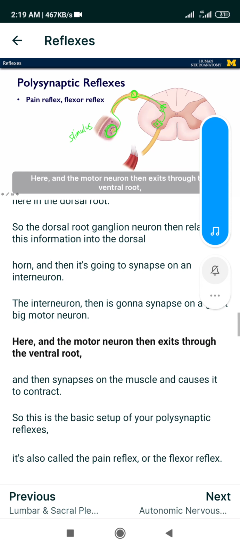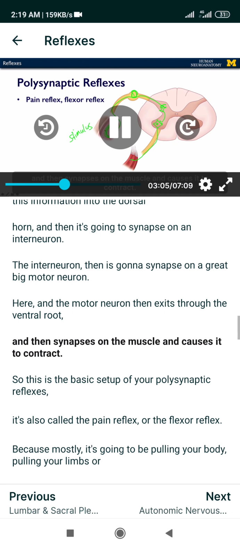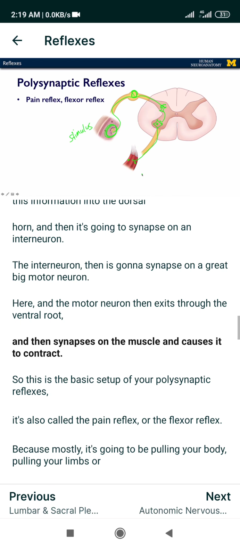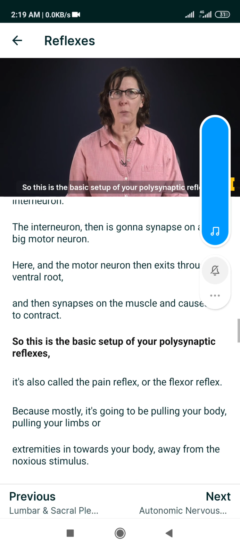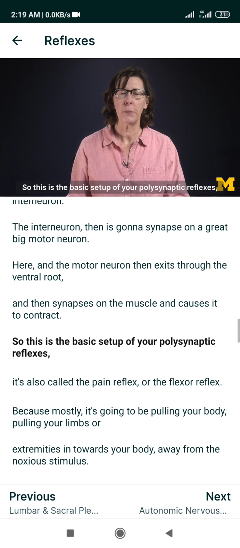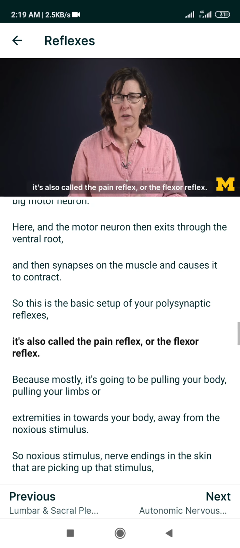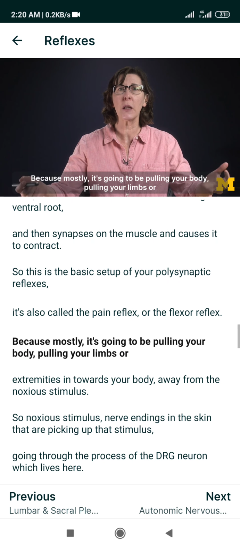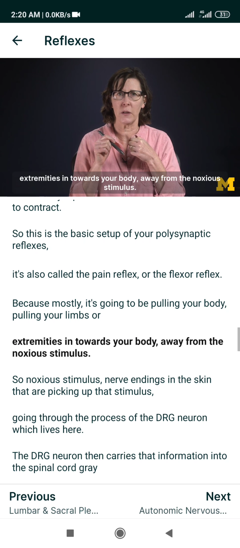And the motor neuron then exits through the ventral root and then synapses on the muscle and causes it to contract. So this is the basic setup of your polysynaptic reflexes. It's also called the pain reflex or the flexor reflex, because mostly it's going to be pulling your limbs or extremities in towards your body away from the noxious stimulus.